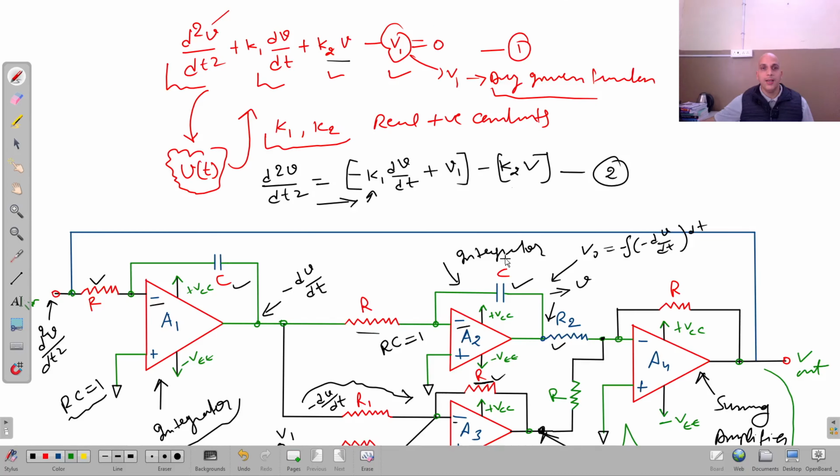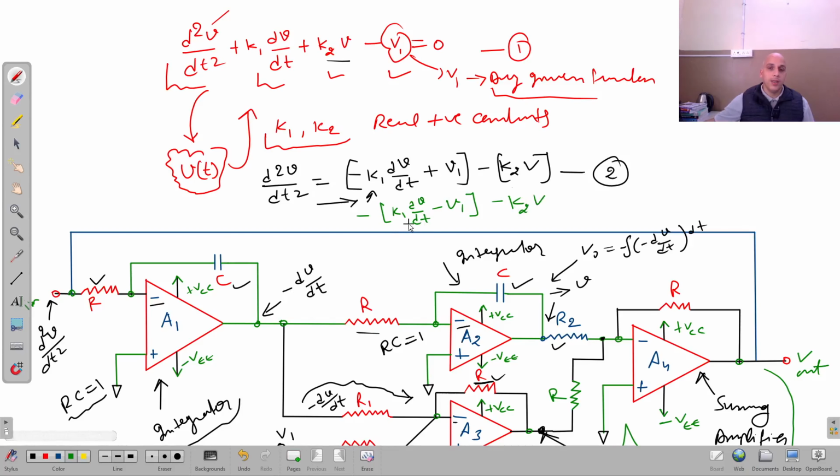Because we know here minus K1 dV upon dt plus B1. I can take the minus outside, so this becomes plus and this becomes minus. Let me write it here: minus K1 dV upon dt, minus B1, and then minus K2 B.